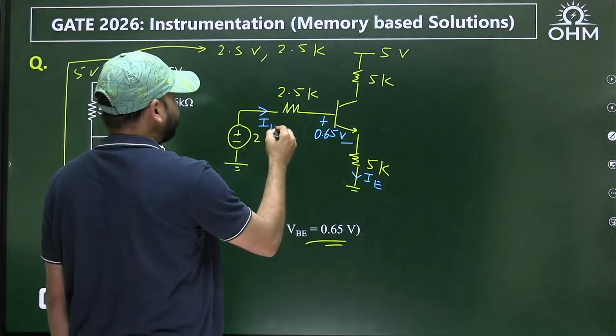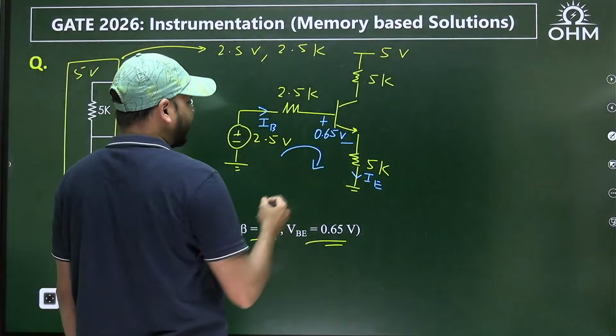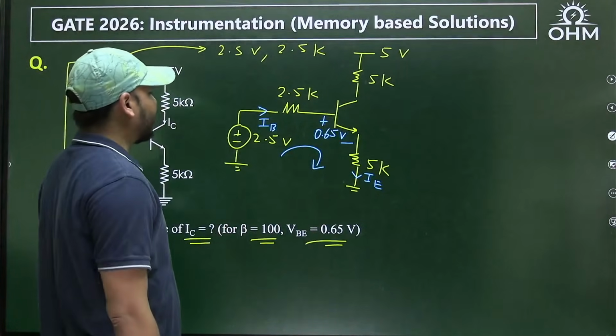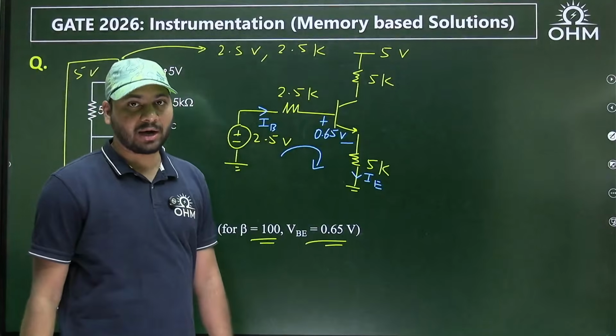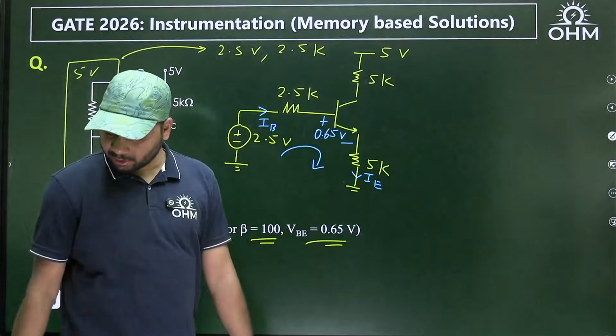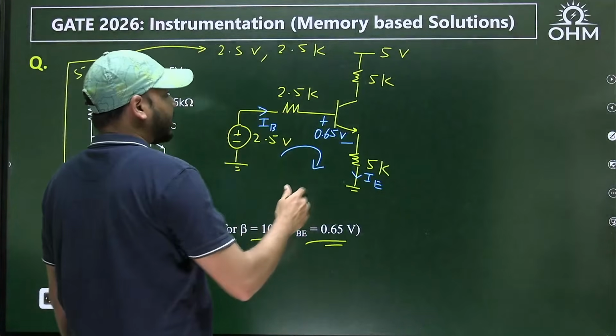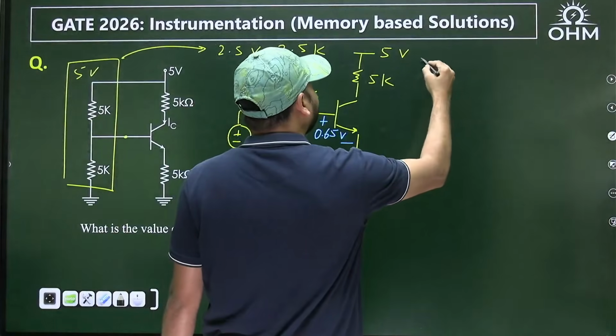This current is the base current. Okay. All you have to do is write KVL around this loop. And by the way, let's assume the transistor is active. In the end, we'll check the condition for active. So if you write KVL around this loop, what do you get?